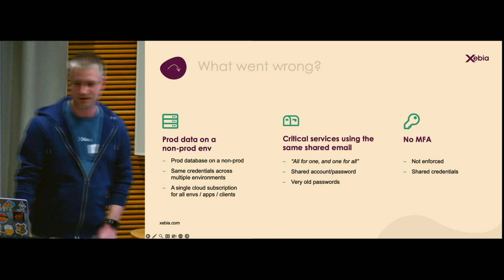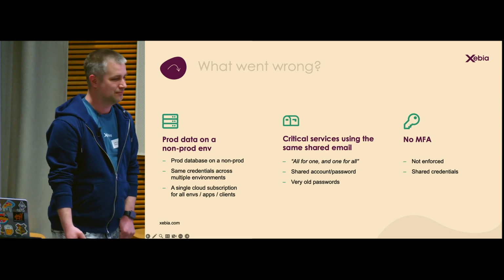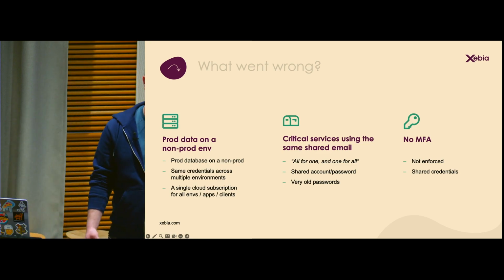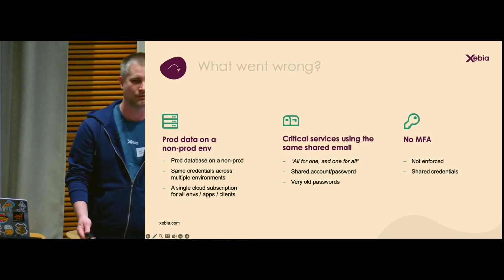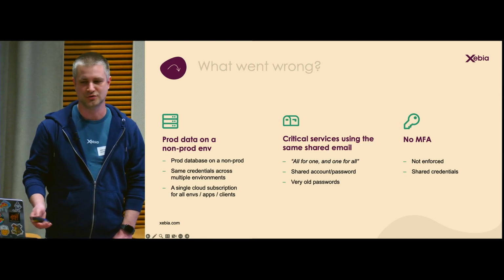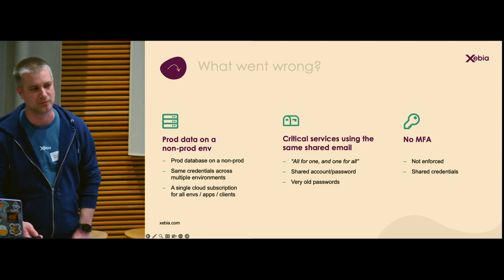What went wrong here? First of all, production data used on a non-production environment. It doesn't matter if it's just the same password for the admin user or the whole database. If you use the same password for admin users on non-prod and prod, then when I get access to your password on non-prod, I will just log into your user on prod. So it's a good idea to have unique passwords on different environments.